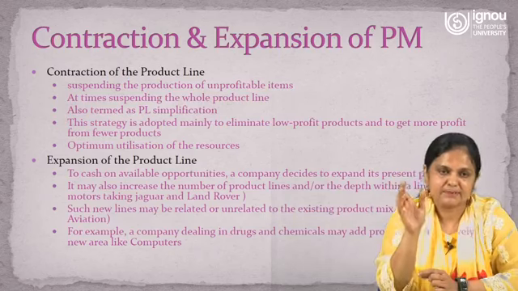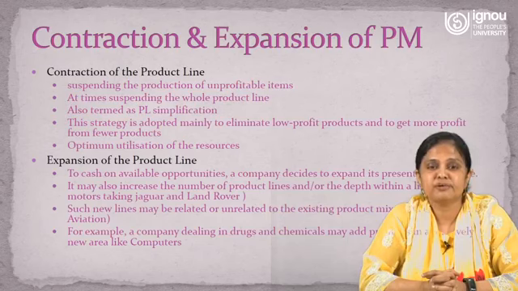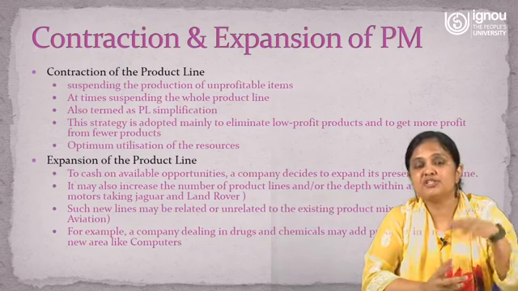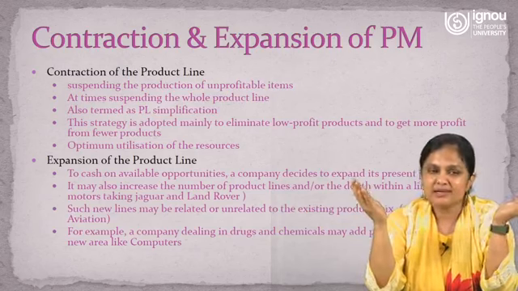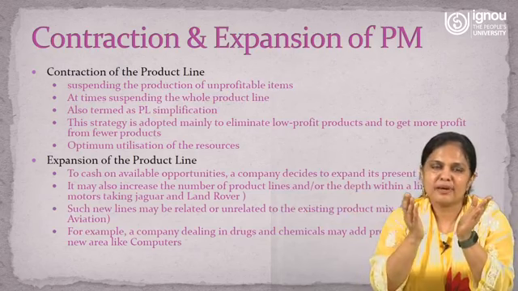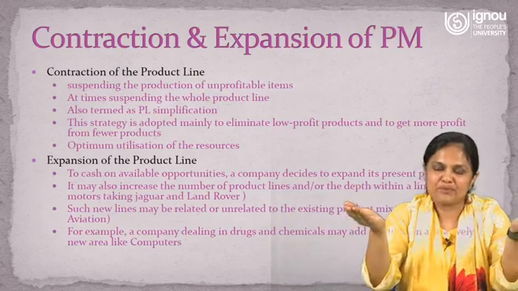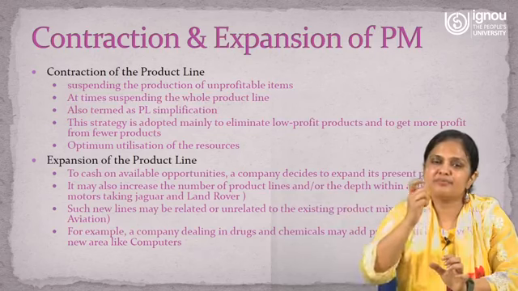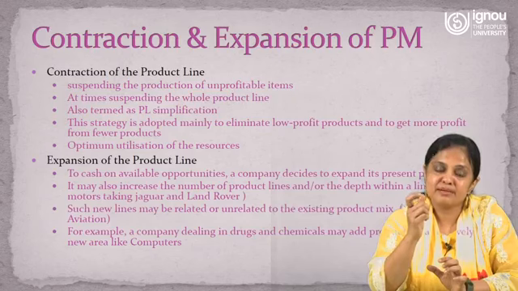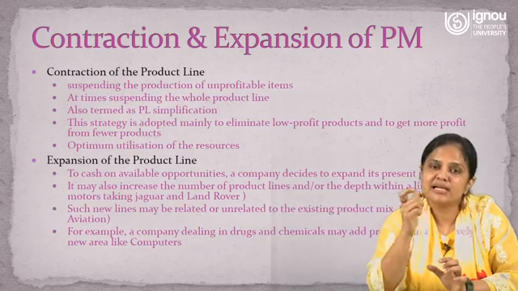Again, if a product is dropped, it is contraction of product line, but if the whole line is dropped, it is contraction of product mix. Now the second thing is expansion of product line or product mix, which is just the opposite of what we have already discussed. Contraction means suspending, so expansion means adding, right. If you are adding another product in your product line, that becomes expansion of product line.